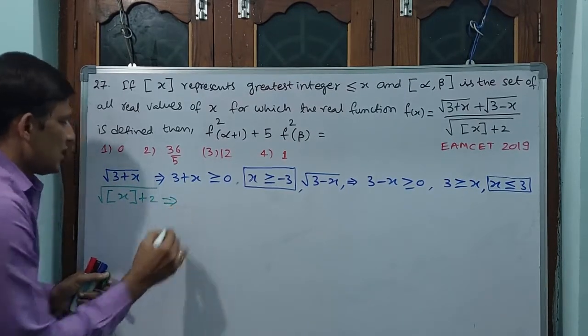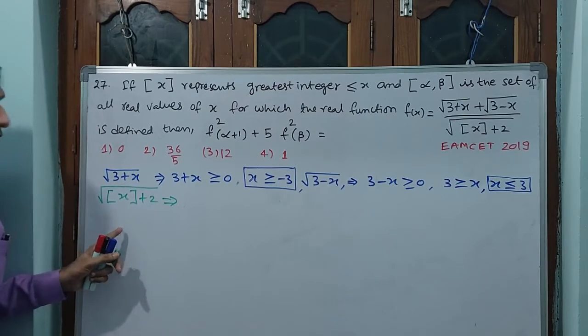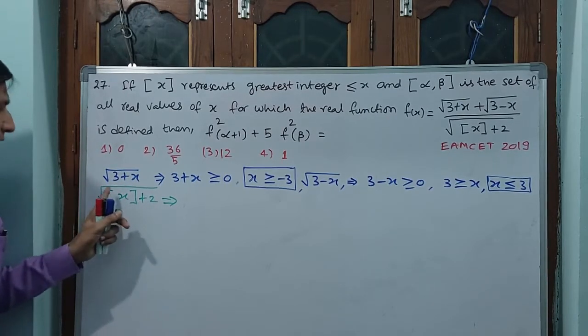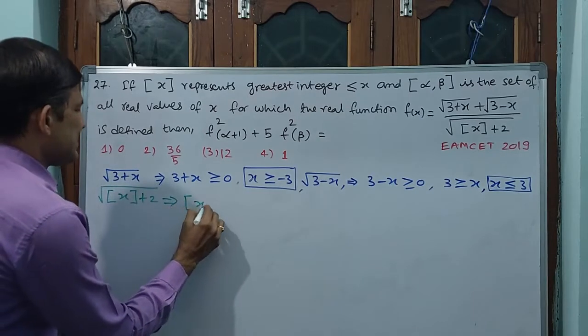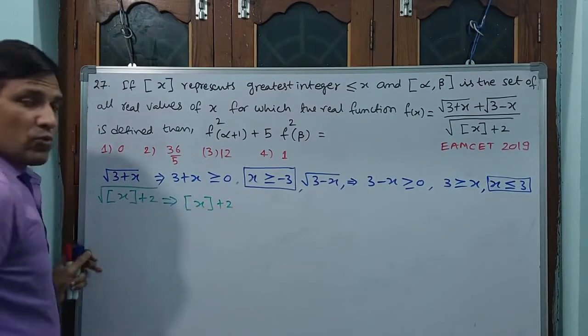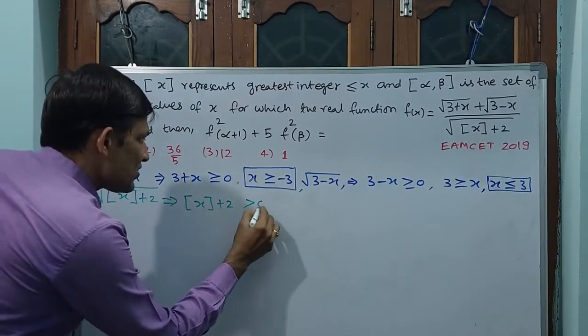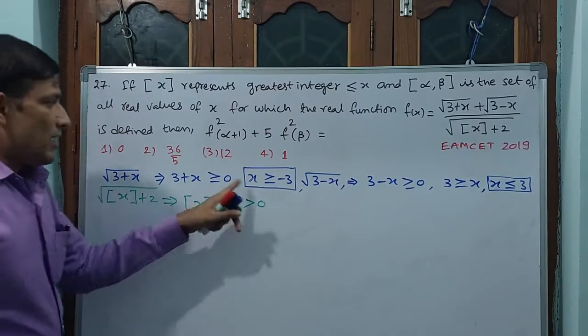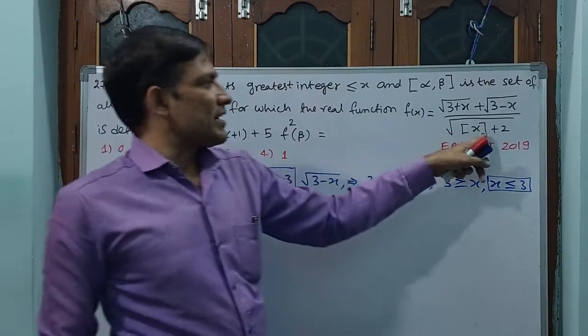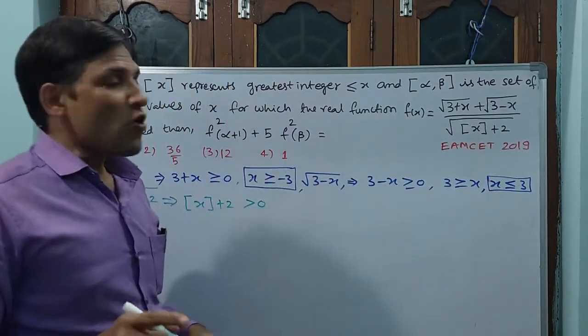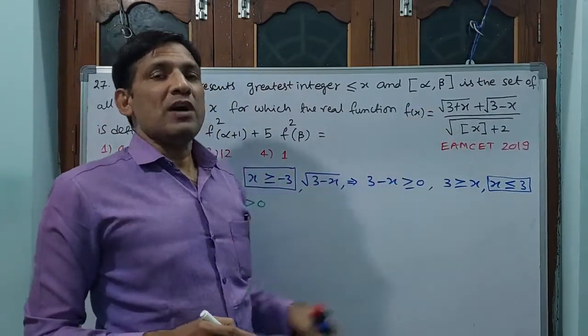The greatest integer of x plus 2 under root is to be defined when the greatest integer of x plus 2 is greater than 0. Like here, equal to 0? No. Why? Because it is in the denominator. Denominator 0 means something divided by 0 is undefined.